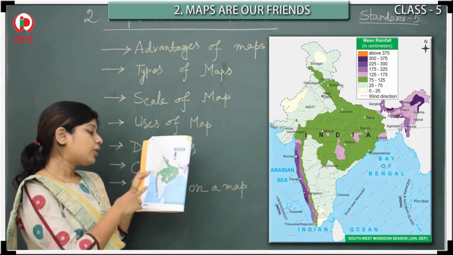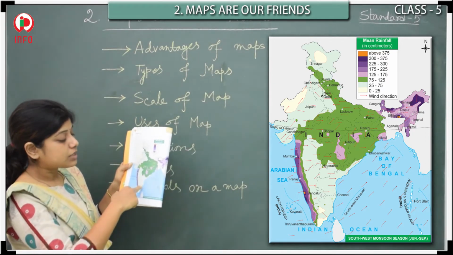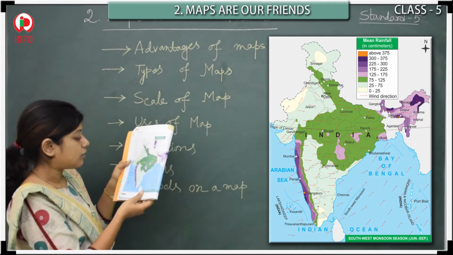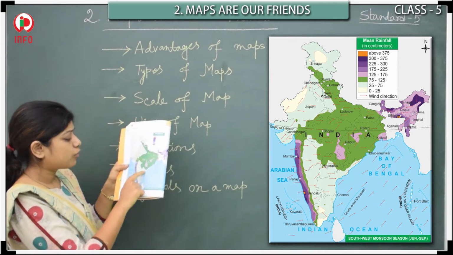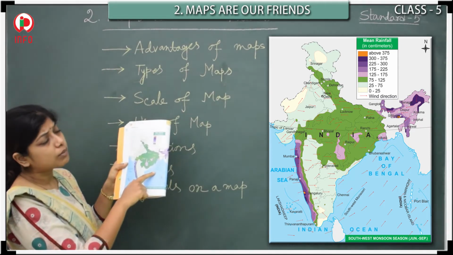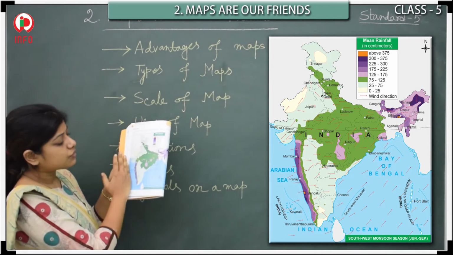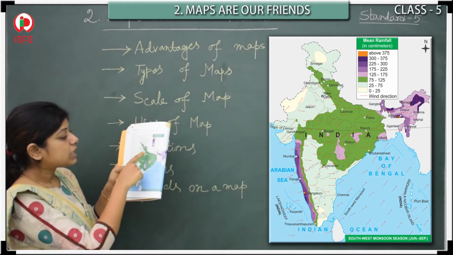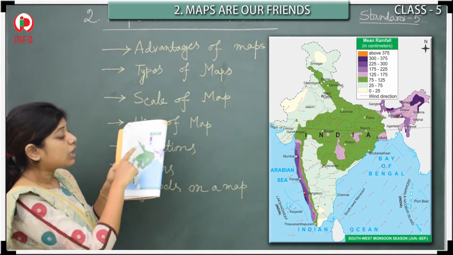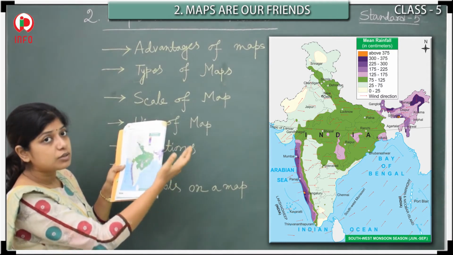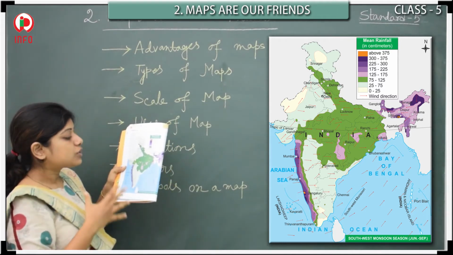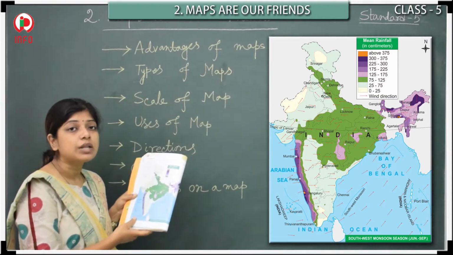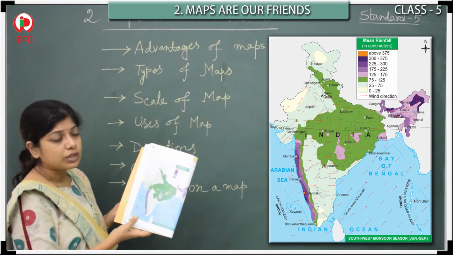So in this way the winds are blowing. Here in this portion the winds are blowing from the west to the east. See here, in these portions the winds are blowing from the east to the west. So in different places the direction of the winds is different.